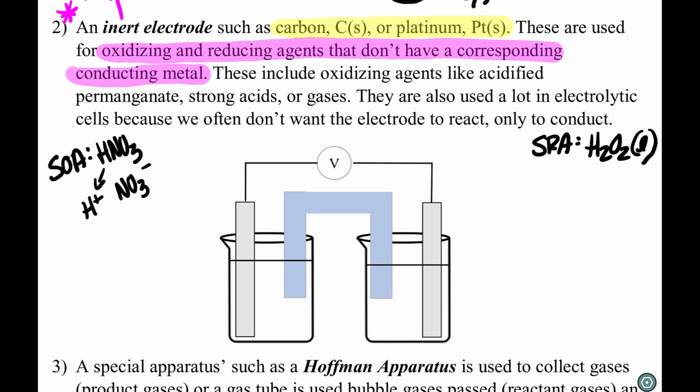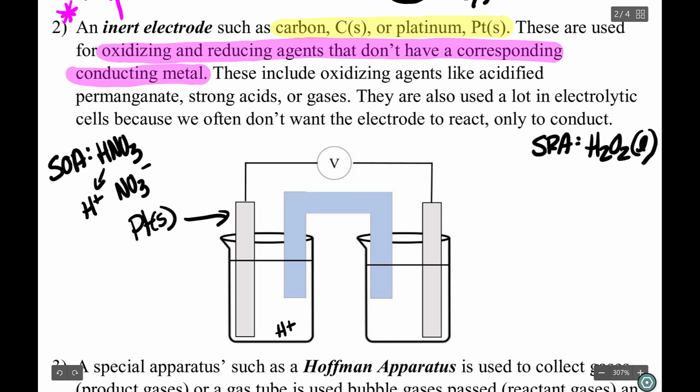Both of these are aqueous solutions, or if hydrogen peroxide is pure, it's liquid. Neither of these two things have a corresponding metal or solid that conducts. So I'm going to use an inert electrode in both of these half cells. So for instance, I'll put platinum over here, and I'm going to put my nitric acid in solution.